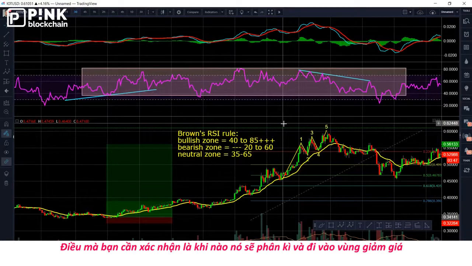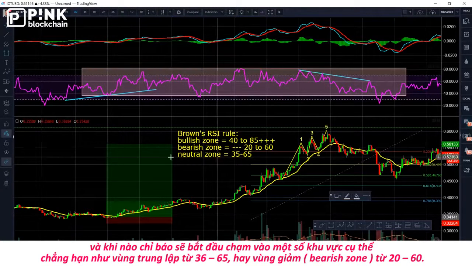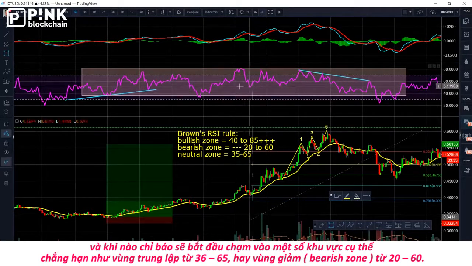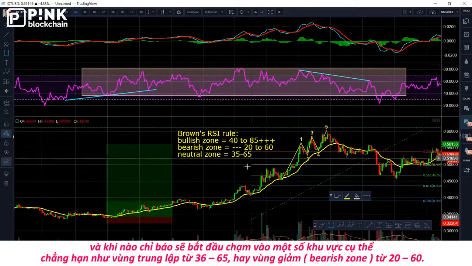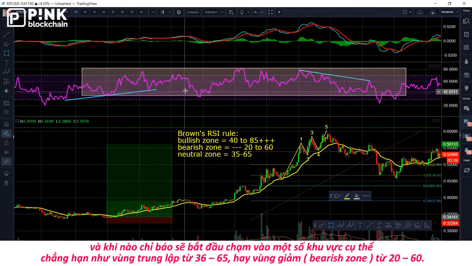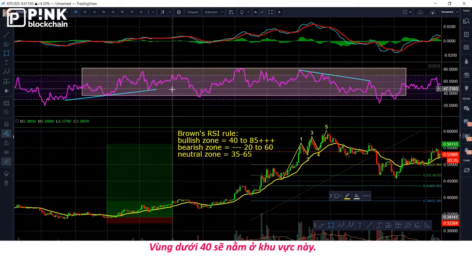And because it doesn't really get to a really low zone, there's really no point of selling at all. What you want to confirm is when you're getting absolute divergence on the bearish side, and when it also starts to cross over to a specific zone, such as this one right here, for a long time. So let's say we're looking at a neutral zone of 35 to 60, or even a bearish zone from 20 to 60. Let's say we just go to under 40, right around here.